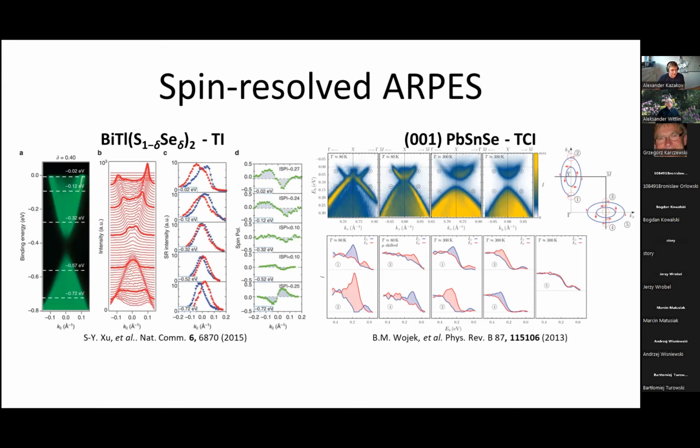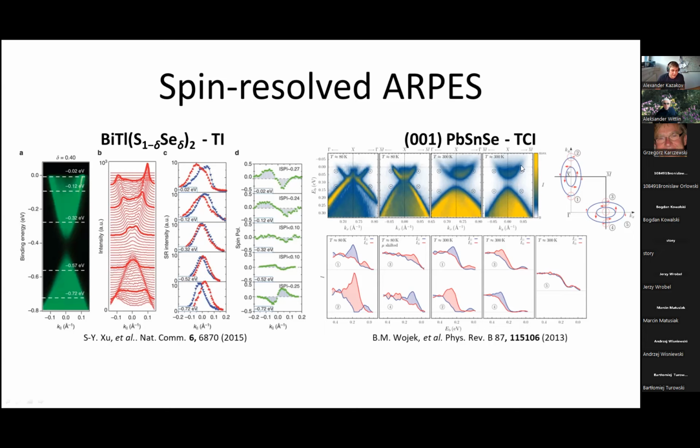And if one looks into the literature, one can find several works on spin-resolved ARPES measurements in both topological insulators and topological crystalline insulators, where people try to move through the topological transition and see whether the spin polarization occurs only in the topological case, but no, it was present in both cases, in topological and trivial.